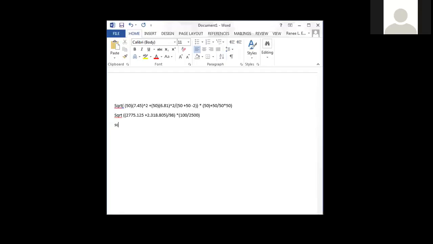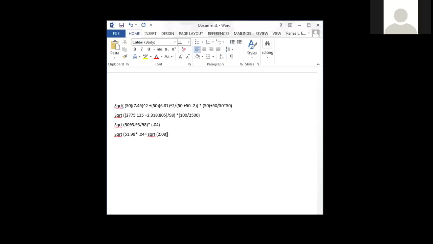All right, I still have the square root of 5093 divided by 98, times that other term, which reduces down to 0.04. So now I have the square root of 51.98 times 0.04, which equals the square root of 2.08.